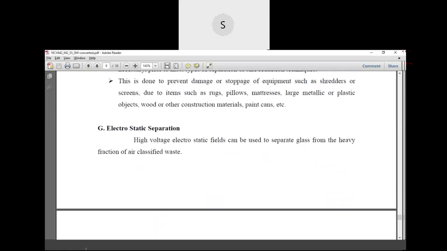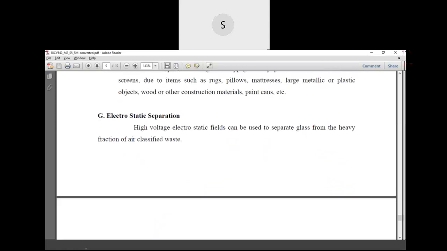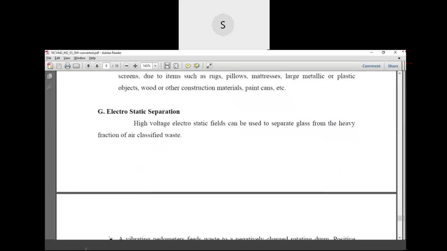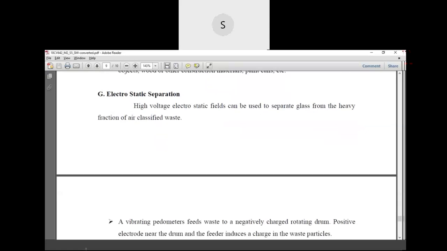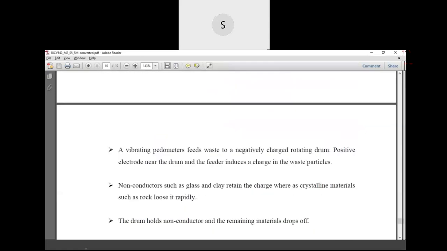The next one is electrostatic separation. A high voltage electrostatic field can be generated and used to separate glass from the heavy fraction of the waste. A vibrating feeder feeds the waste onto a negatively charged rotating drum. A positive electrode near the drum and the feeder induces a charge in the waste particles.